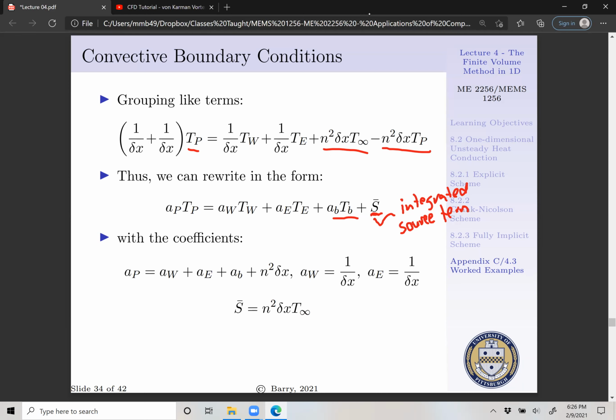It's just we were able to cancel out our areas and our diffusivities. So our weighting coefficient here, AP, is equal to A west plus A east, which we have defined, and not much different from before, just for this problem, they reduce down, plus our boundary, plus, and here's the kicker, we have n squared delta x.